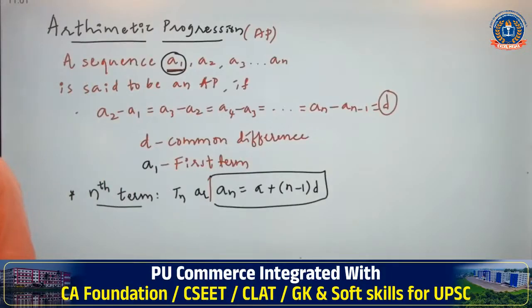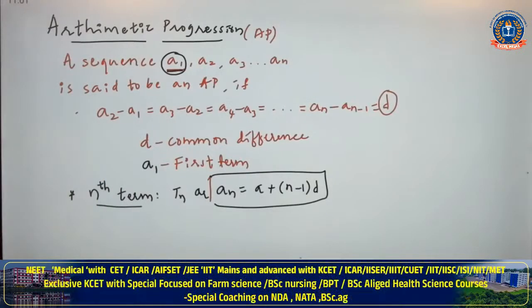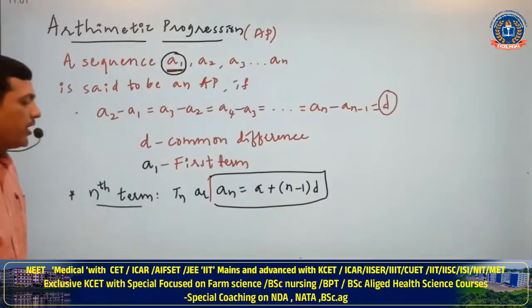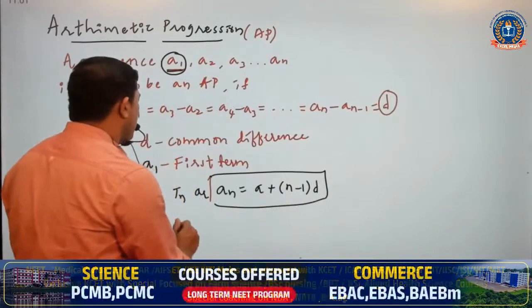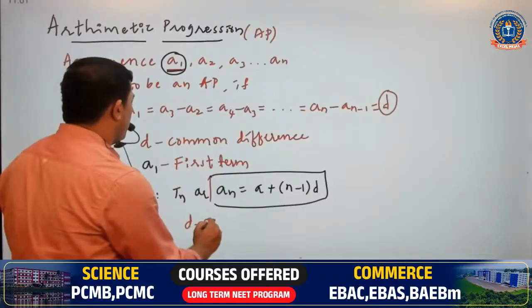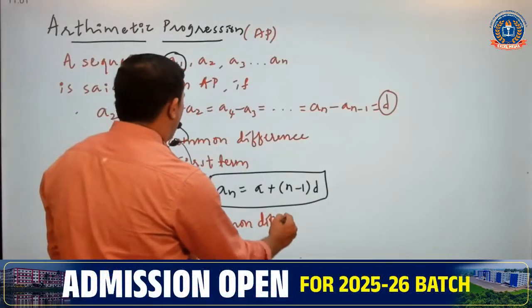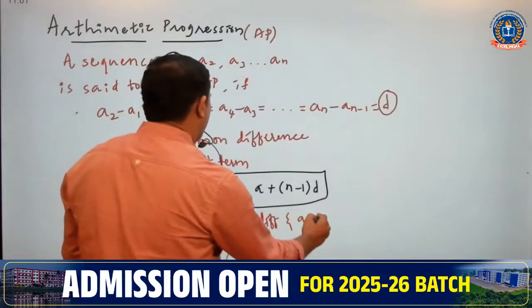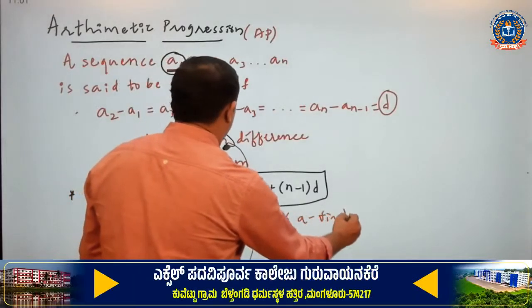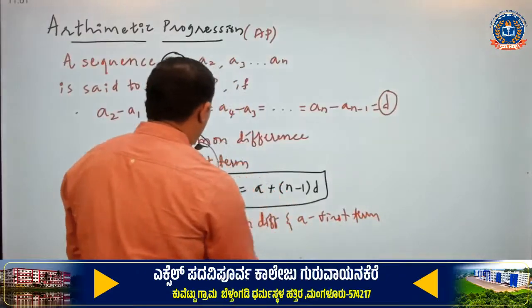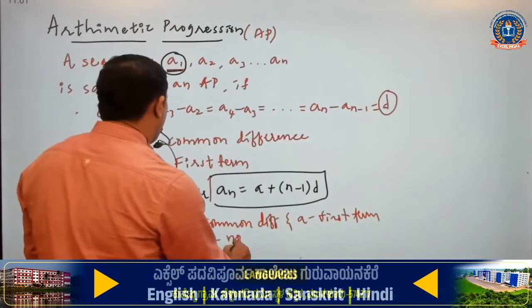The nth term is a plus (n minus 1) into D, where D is the common difference, A is the first term, and n is the number of terms.